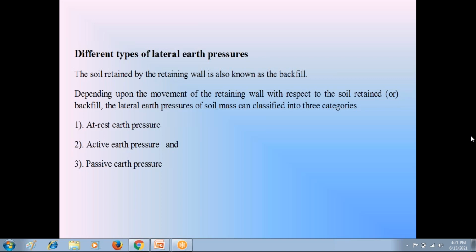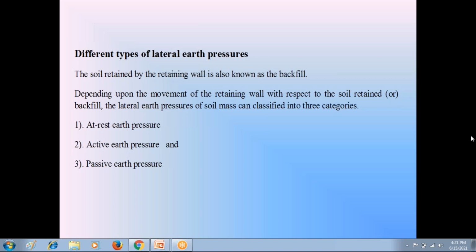For all these three conditions, we must calculate the magnitude of lateral earth pressure. Then the largest of these three values, the at-rest earth pressure, the active earth pressure and the passive earth pressure, is considered in the design of the retaining wall.